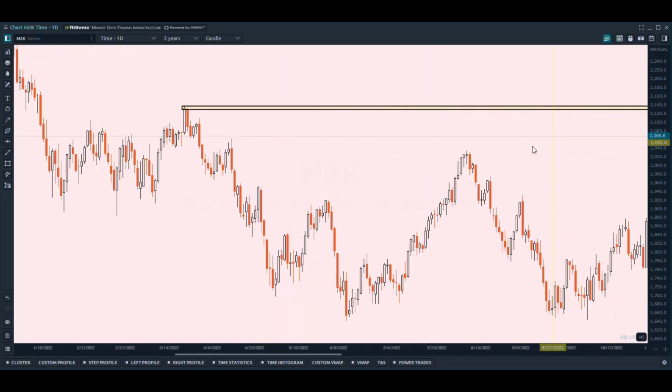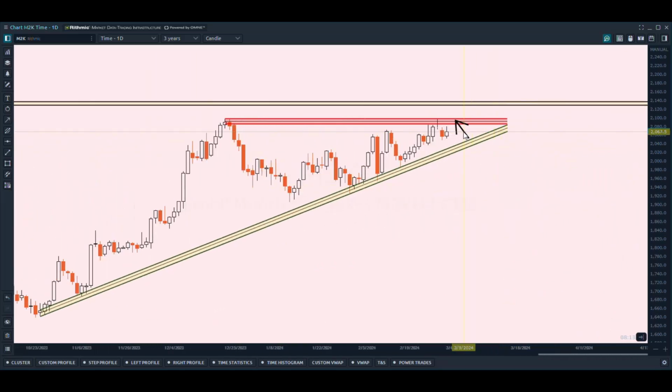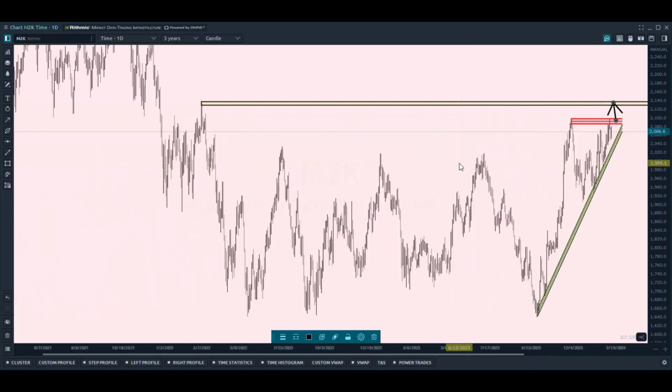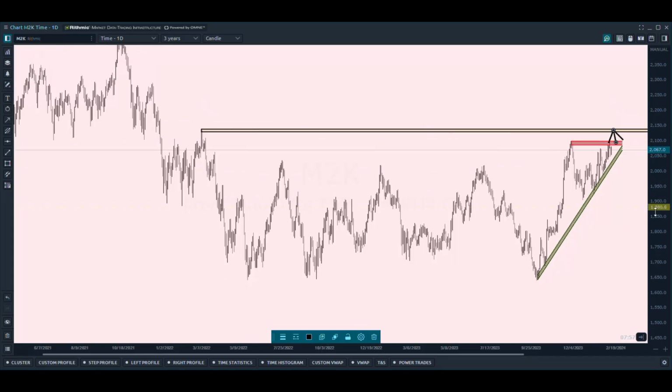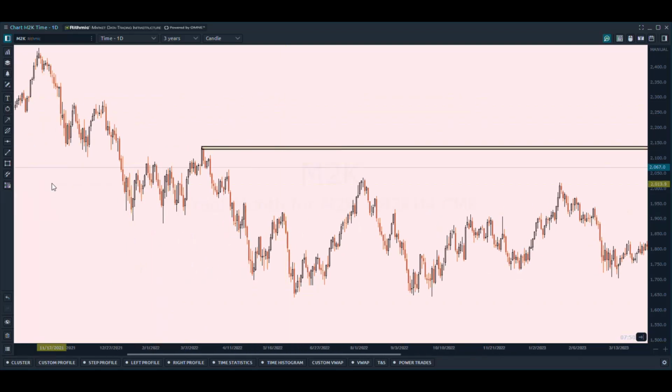So if we go back to the chart, you'd move up, potentially pull back, and then that would be your initial target. Now, if you get a daily close above the top of this horizontal resistance zone, which was a previous pivot back in March of 2022, then your next upside target would simply just be this next pivot zone. So if we zoom in here, this next pivot zone would be up here.